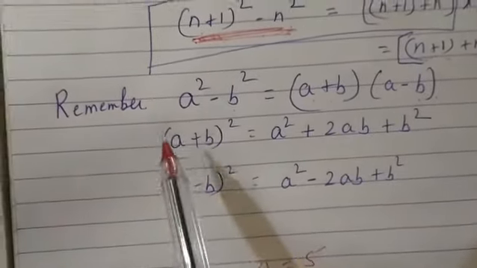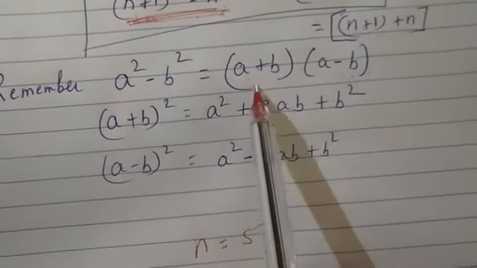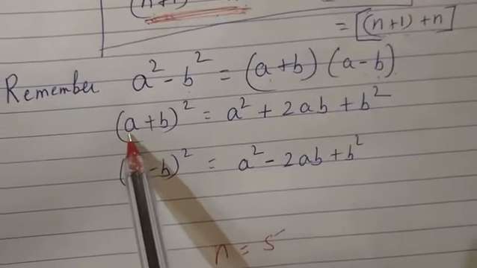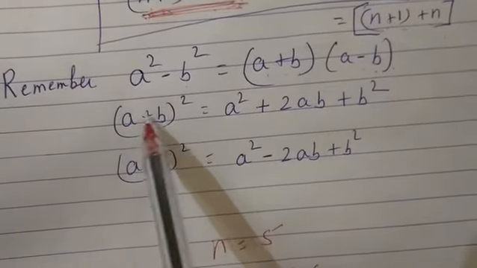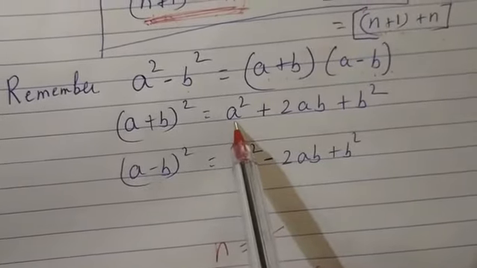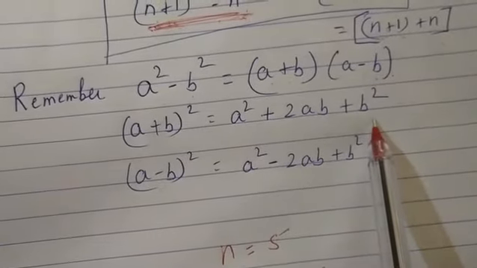Now, the first formula is a square minus b square is equal to (a plus b) into (a minus b). The second one is (a plus b) whole square, which is equal to a square plus 2ab plus b square.